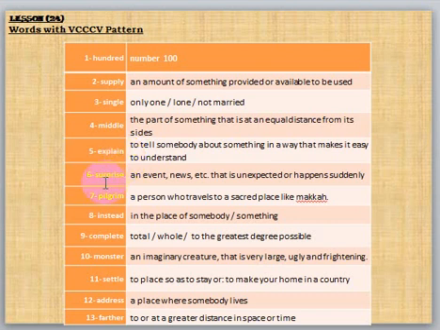Okay? Number 6, surprise. Surprise, of course, is an event, news, or anything that is unexpected or happened suddenly. For example, your friend or your brother is abroad in Italy or France, and he will be at home in the summer, but you are in the winter.